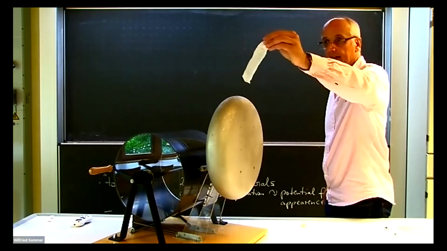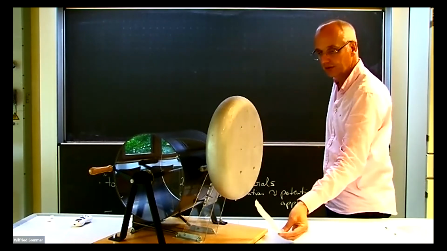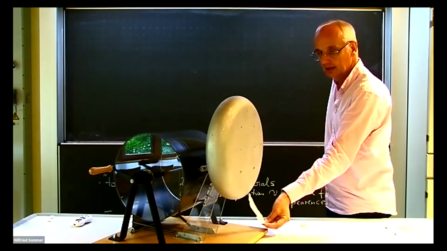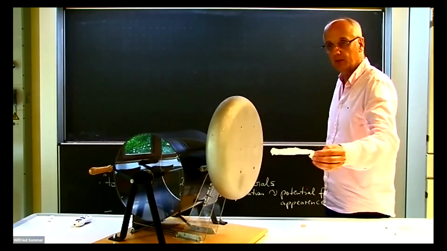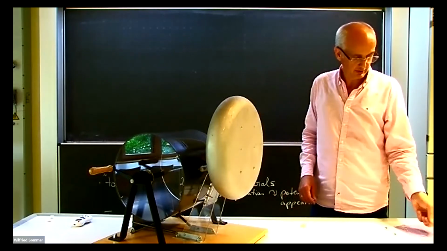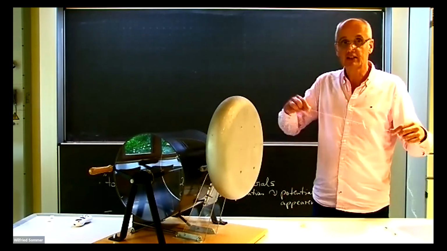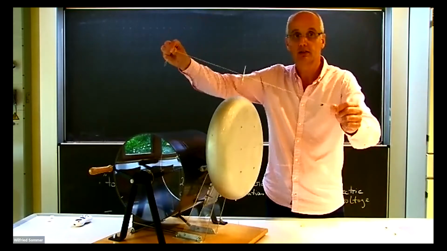And you can explore the space around the conductor plate, and you will see that the paper stripe is always perpendicular. I just use the big one in order to have a good projection. In glass, usually I use this one here.